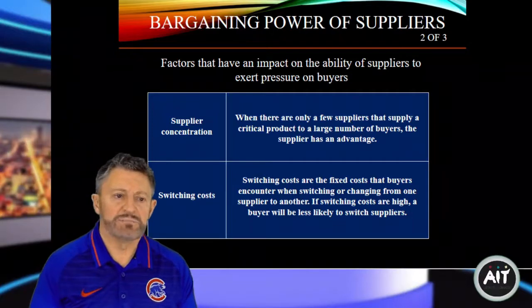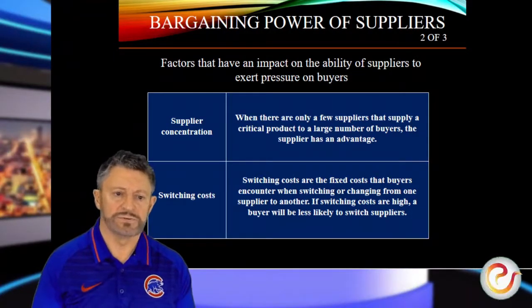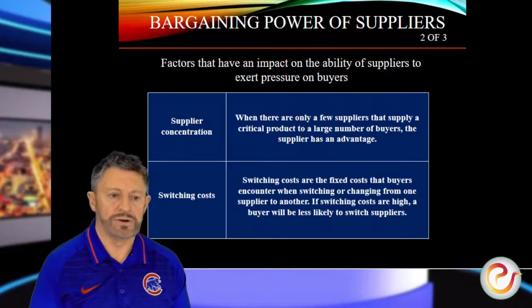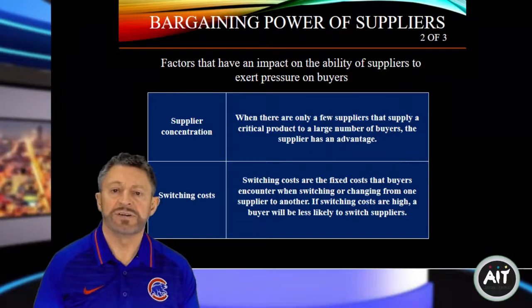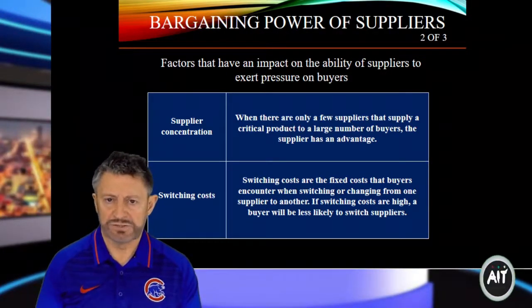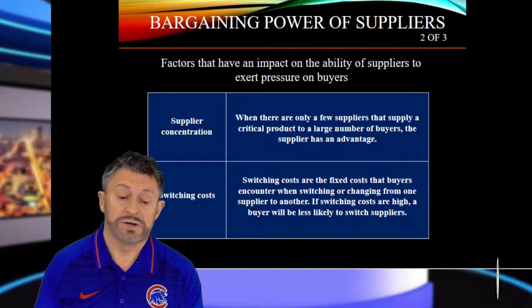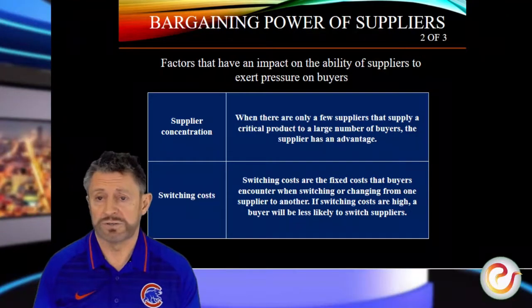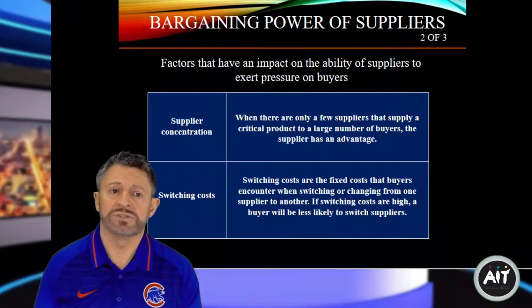The fixed cost that buyers encounter when switching or changing from one supplier to another. So if the switching costs are high, a buyer will be less likely to switch suppliers. Now, in the financial industry, this used to be a big issue. For instance, if you had a mortgage on a house and wanted to go to a different mortgage lender because they had lower interest rates, it was cost prohibitive.